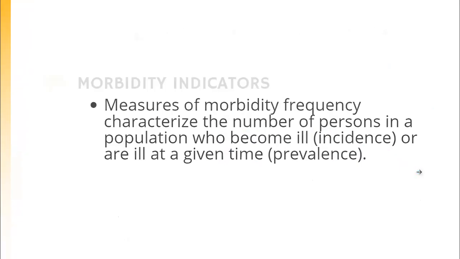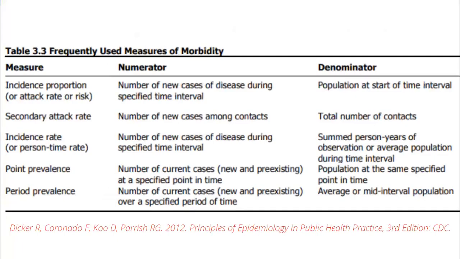Now, this is the difficult part, because each health indicator is followed by several computations. For your morbidity indicators, we have the following measures. For you to better understand, I will discuss them in detail one by one.